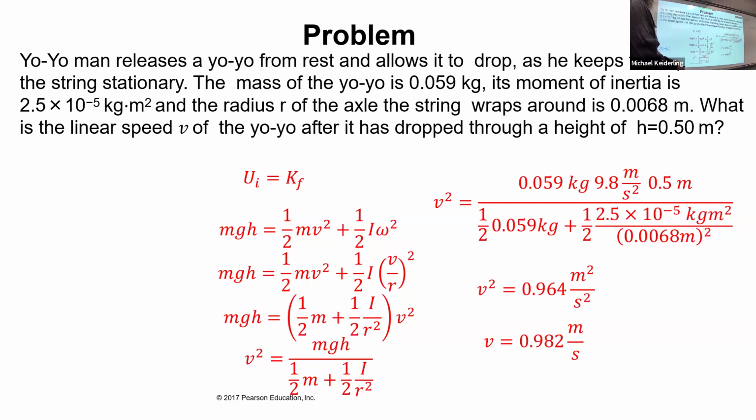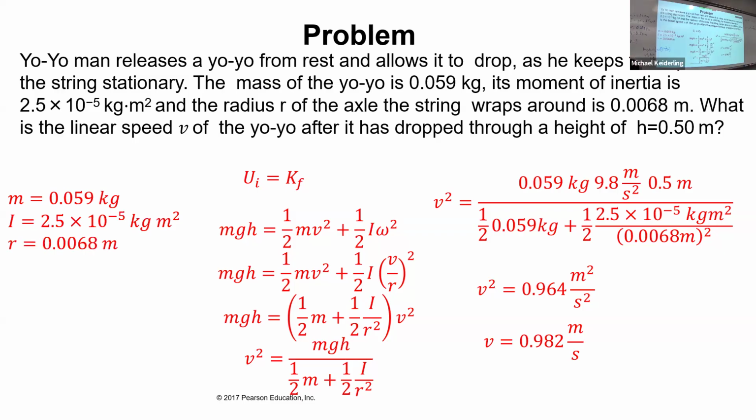So v is 0.982 meters per second. And I did put these in, I just screwed up the order of the animations. Mass is 0.059 kilograms, I equals 2.5 times 10 to the minus 5 kilogram meters squared, R equals 0.0068 meters, h equals 0.5 meters, and v0 equals 0. And v final equals question mark.